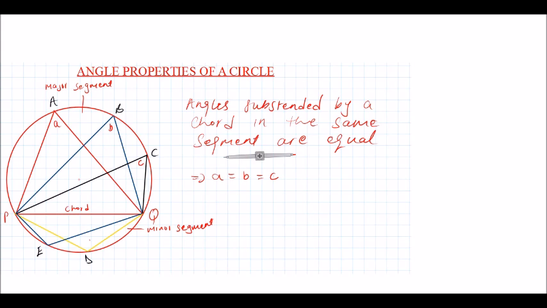In the minor segment, we can call this D, and this is angle E. It also implies that since angles D and E are subtended in the same segment, D is equal to angle E. Are we together? So this property says angles subtended by the same chord in the same segment are equal.